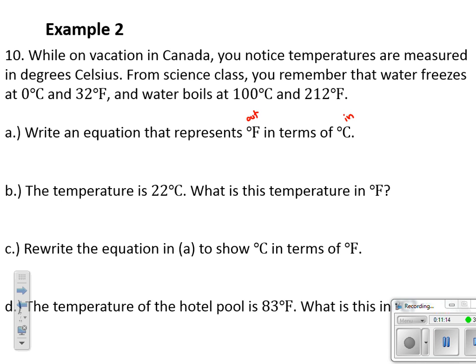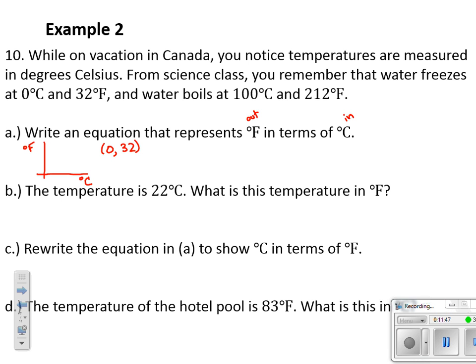Well, let's just imagine that we were graphing this thing out. So outputs and inputs are the same as X's and Y's, right? So what we would have is a graph where our inputs are degrees Celsius and our outputs are degrees Fahrenheit. So the Fahrenheit, the output's acting like the Y, the Celsius is our input, it's acting like X. So now if we look up above, that 0 and 32, well, that represents that if I had an input of 0 degrees Celsius, I would get an output of 32 degrees Fahrenheit.